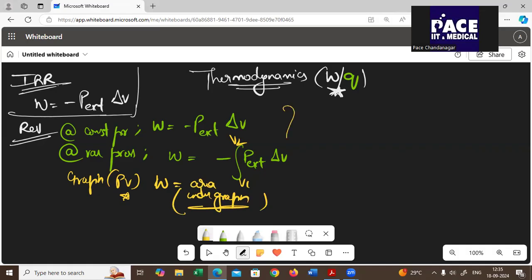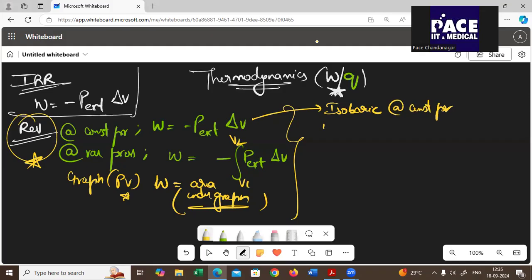That is your work done. And this is all for reversible processes. So in reversible processes, if you have isobaric, which means at constant pressure, this is the one. And isochoric, which means at constant volume. At constant volume, change in the volume is 0, which means delta V is equal to 0, implies work done is 0 joules, right?